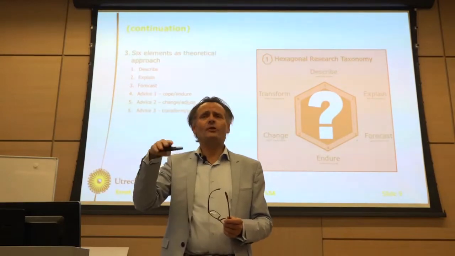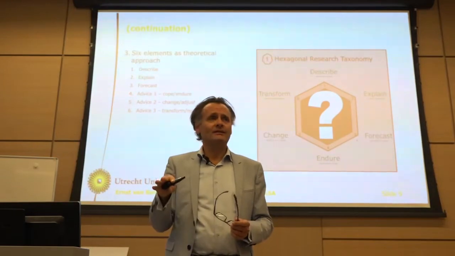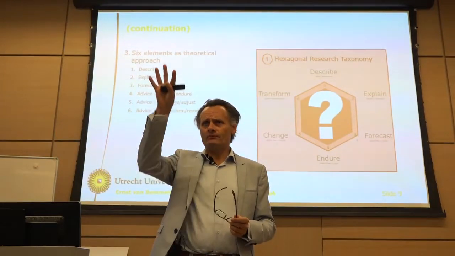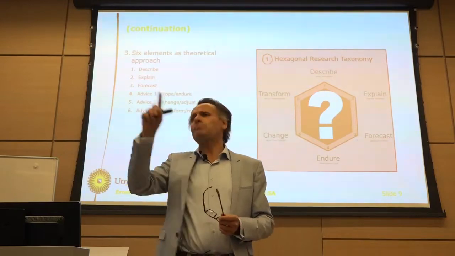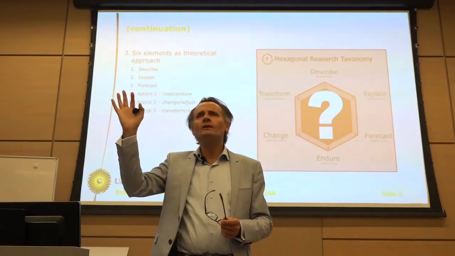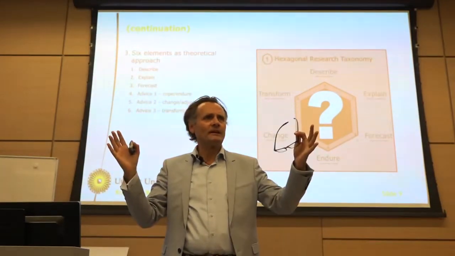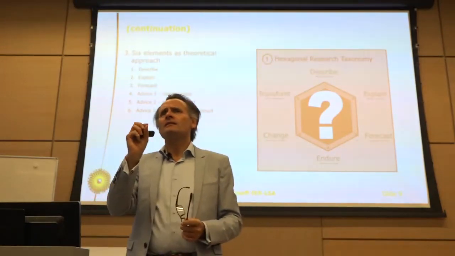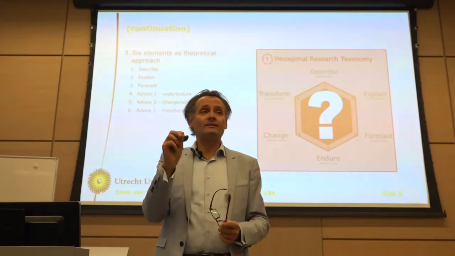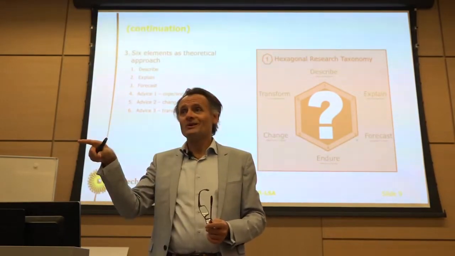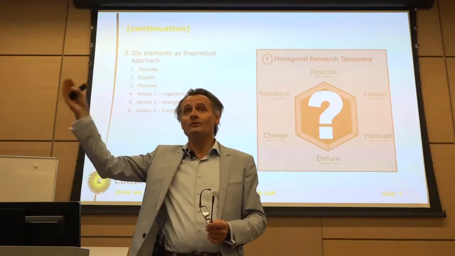Example. If you're a natural scientist and you deal with gravity, then you describe that the rock falls, then you explain with Newton why rocks fall with mass and all kinds of complicated things. And then, explicitly or implicitly, you predict that tomorrow the same gravity will exist and the same rock will fall the same way.